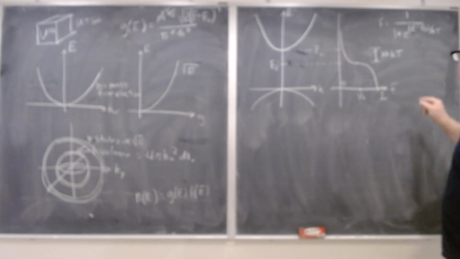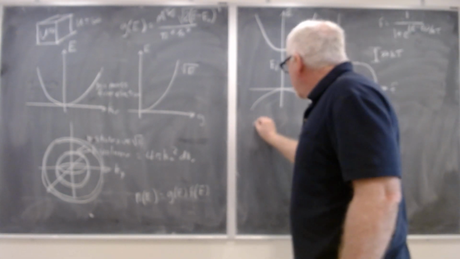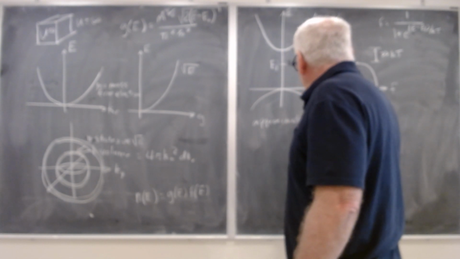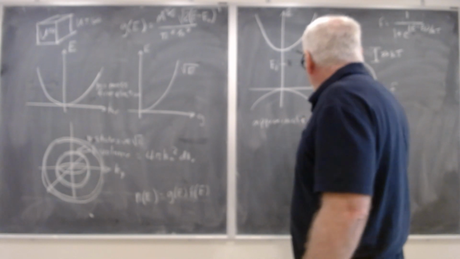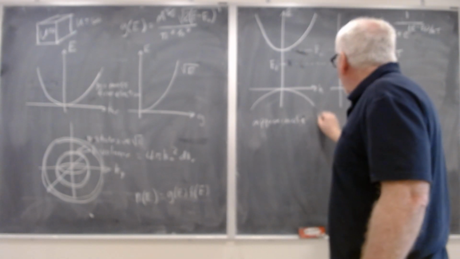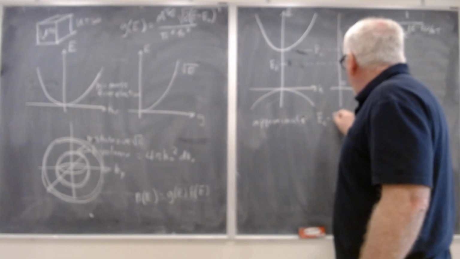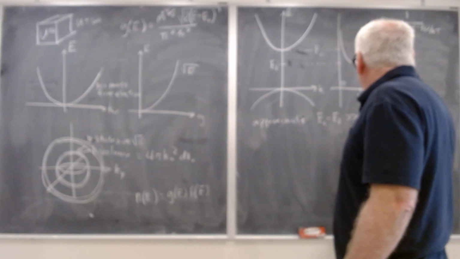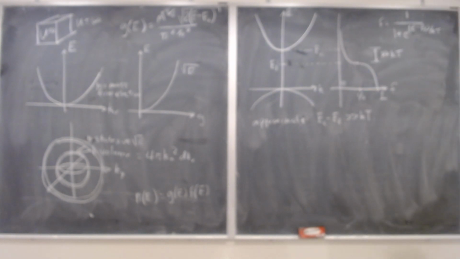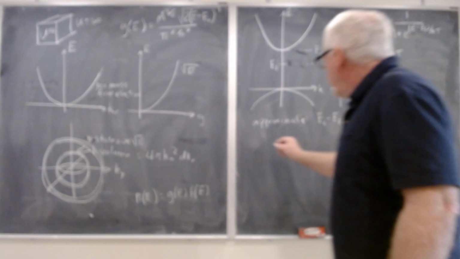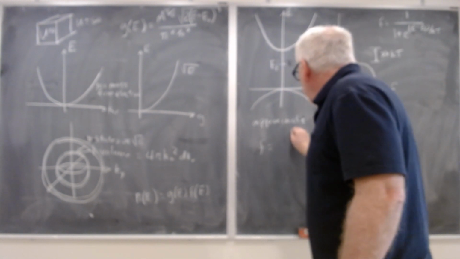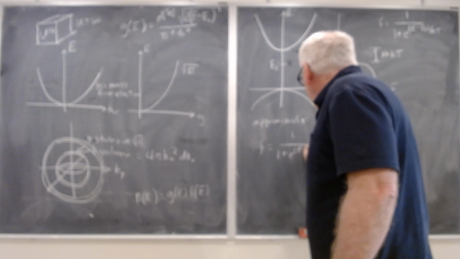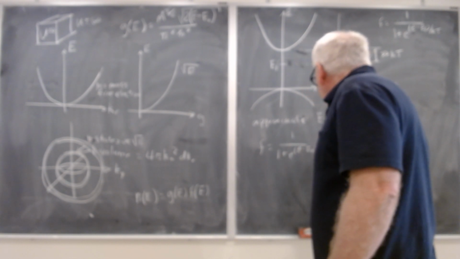So basically we're going to approximate that EC minus EF is much bigger than kT. Now, you can see mathematically first, f is 1 over 1 plus e to the E minus EF over kT.